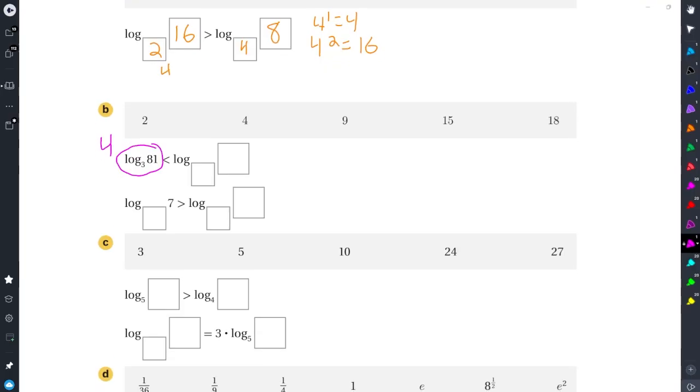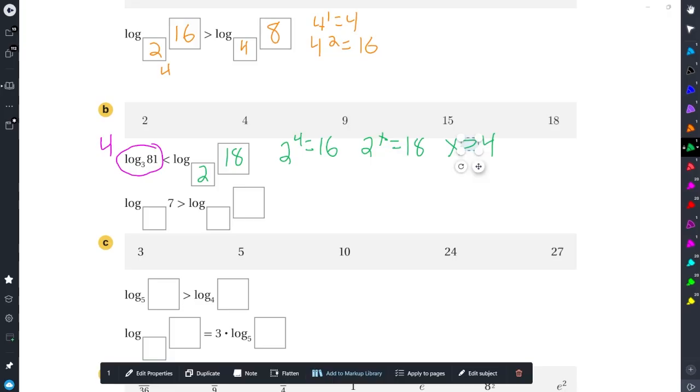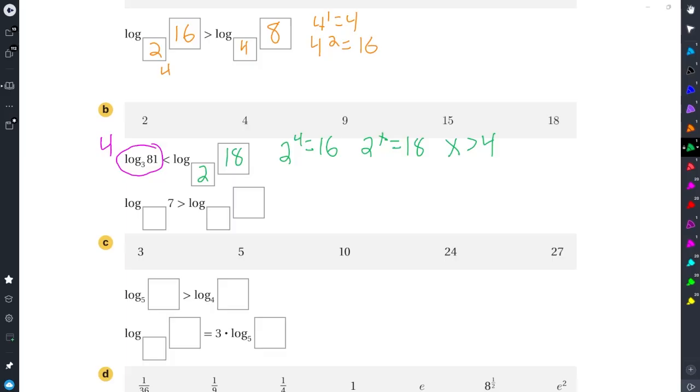Now, if we make our base 2 and the other number 18, 2 raised to what power is 18? Well, 2 to the fourth is 16, so if I have 2 to the x equals 18, x has to be bigger than 4. So that is a viable answer for that first one. But now I've used up my 2 and 18.